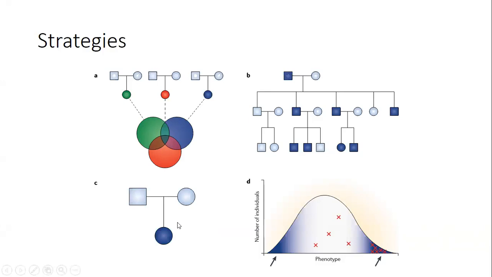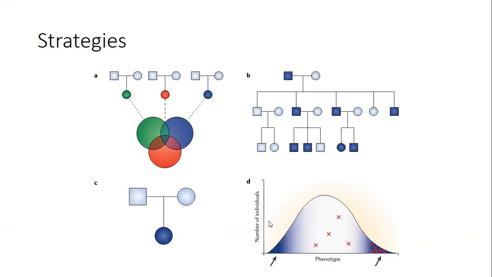Second thing that can be helpful is sequencing both parents in addition to the child, because if you're dealing with a rare disorder, many of them will turn out to be de novo mutations. Every time a sperm or egg is made, there are about 30 mutations compared to the parent genome. Most of them are not medically relevant, but some of them will be.